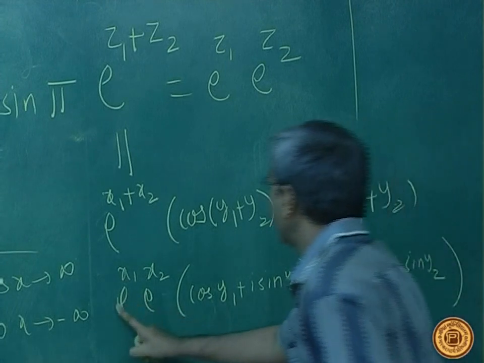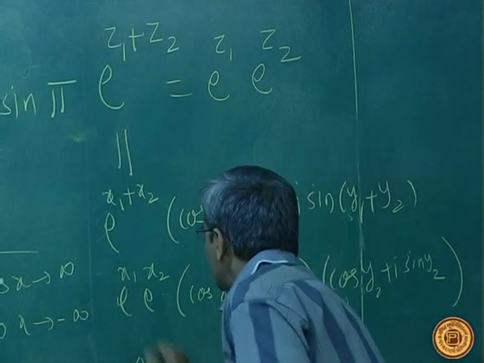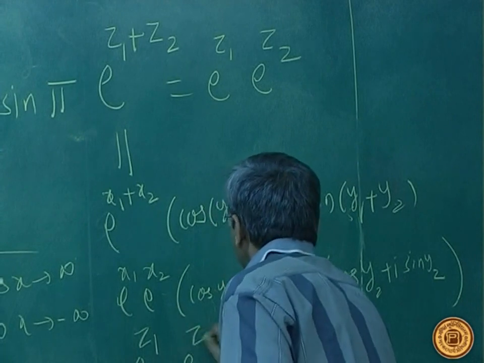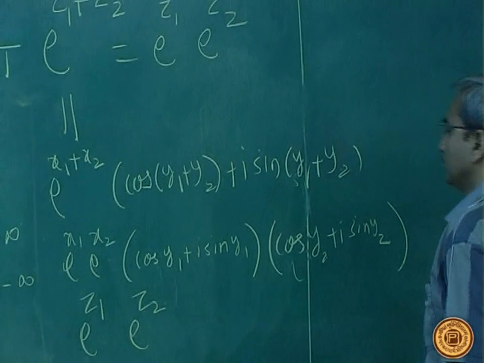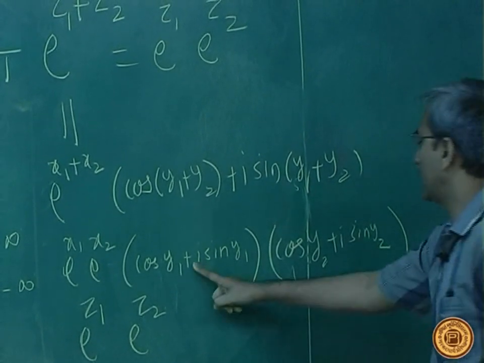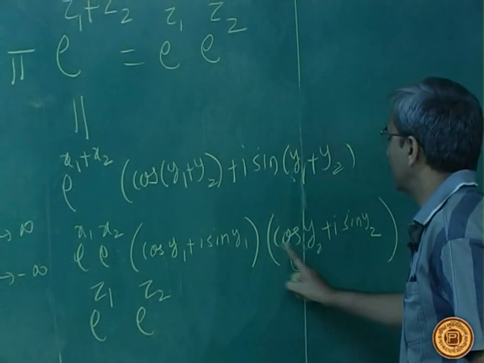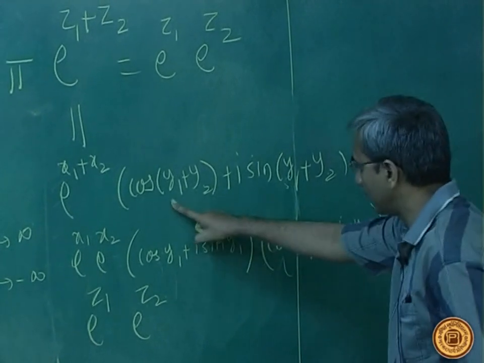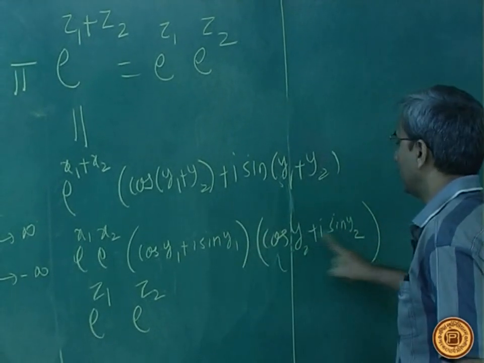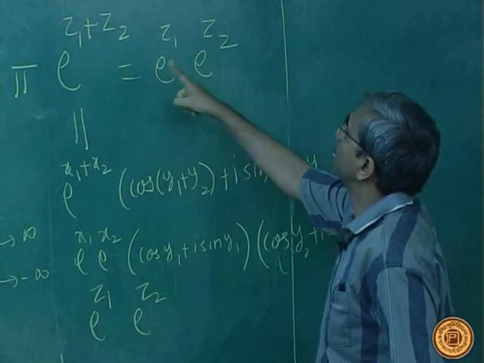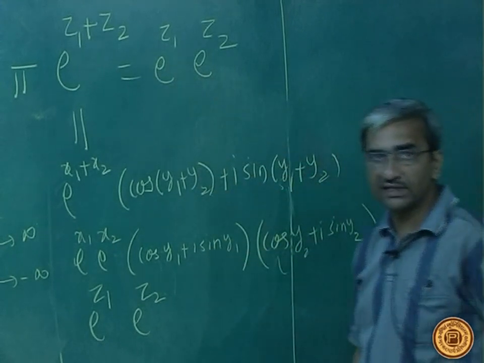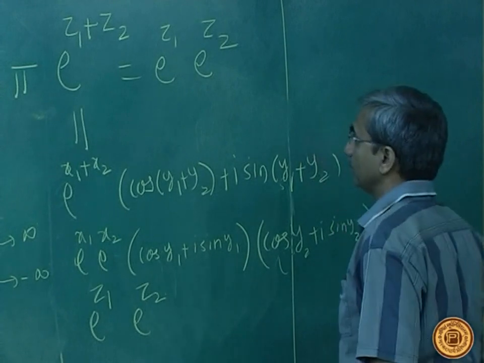So this will be e to the power x1 into this, that is e to the power z1 into e to the power z2. Multiplication of these two is this actually, because i square is minus 1, cos y1 cos y2 minus sin y1 sin y2 is the real part, and cos y1 sin y2 plus sin y1 cos y2 is the imaginary part. So e to the power z1 plus z2 is e to the power z1 into e to the power z2.